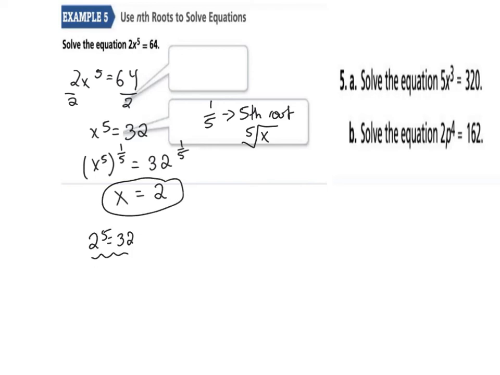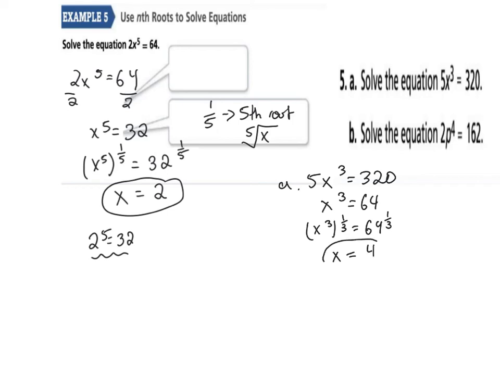Let's go through A and B real quick. A says 5x to the 3rd equals 320. Divide both sides by 5, and we get x cubed equals 64. Then we raise both to the 1/3 power, and we get x equals 4, because 4 to the 3rd power gives us 64.